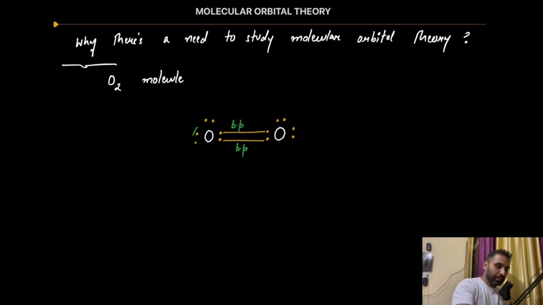Now this is the lone pair of electrons. Again this is a lone pair of electrons, that's again a lone pair, and that's again a lone pair of electrons. Now here we are having all the electrons in pairs. We are having two bond pairs and four lone pairs in the O2 molecule.